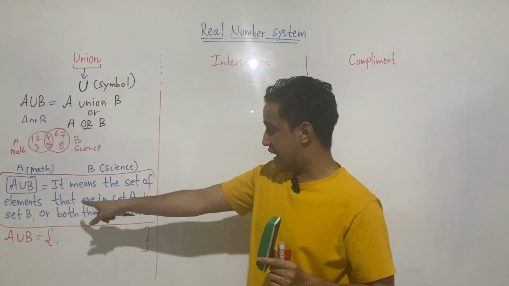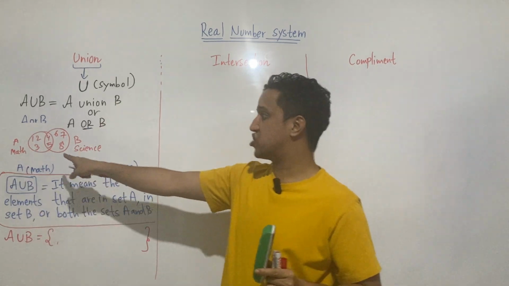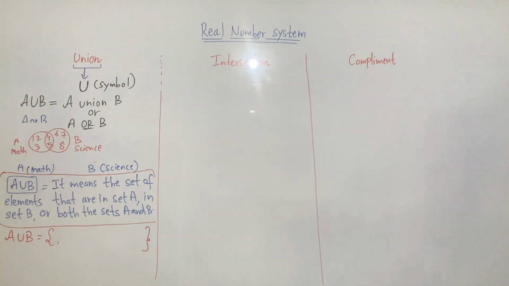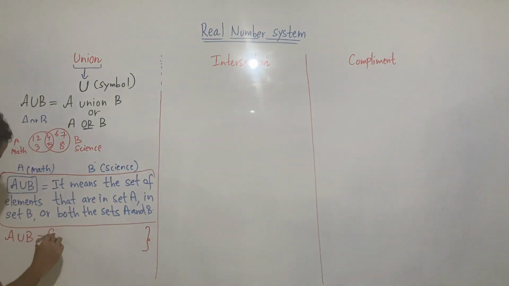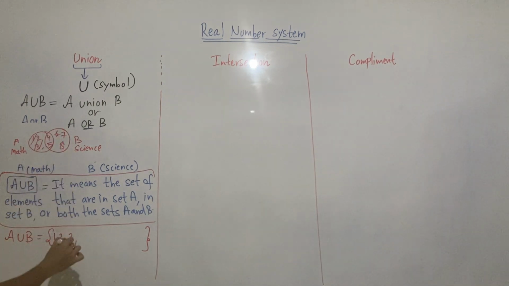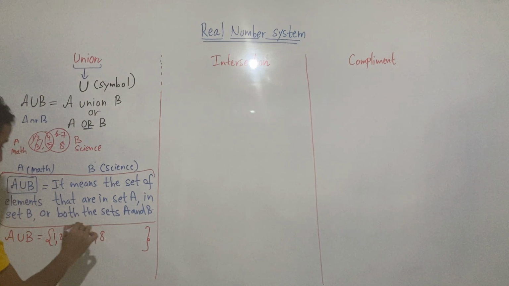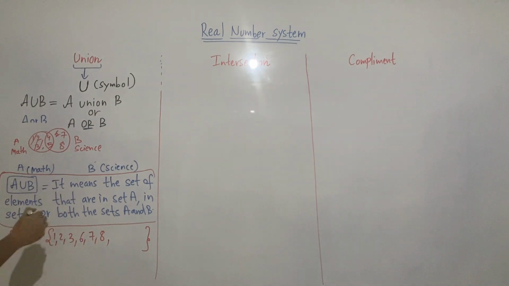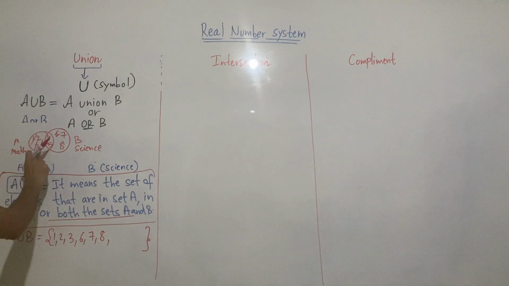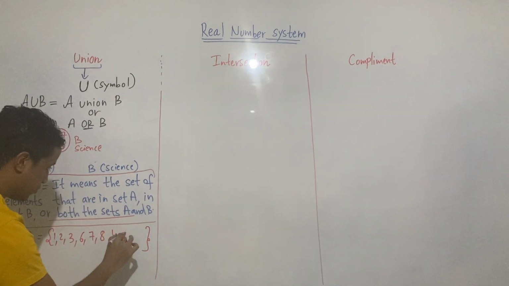So here A union B represents all the elements that are in set A. So in set A, what are the elements? 1, 2, 3, 4, and this is in set A. And in set B, 6, 7, 8, and the elements that are common to both A and B, meaning 4, 5.